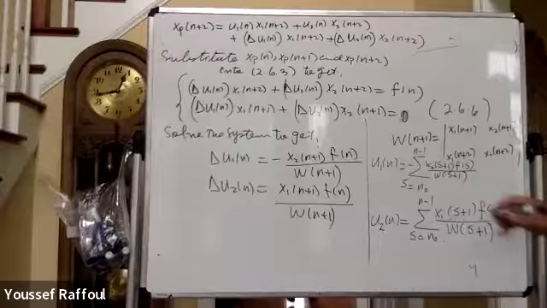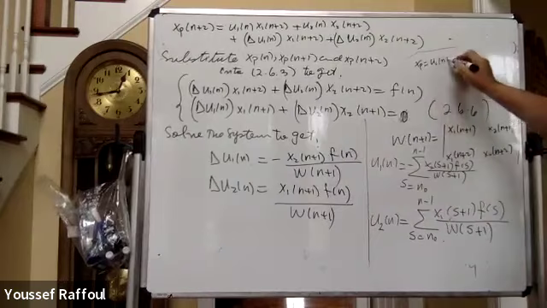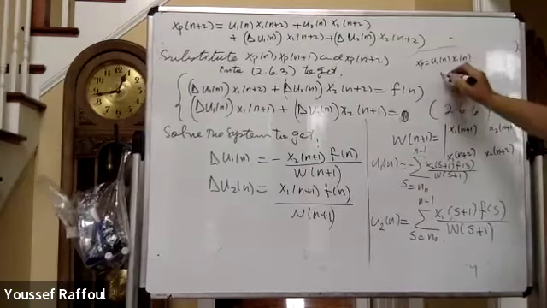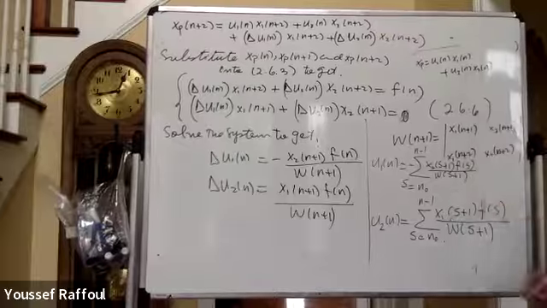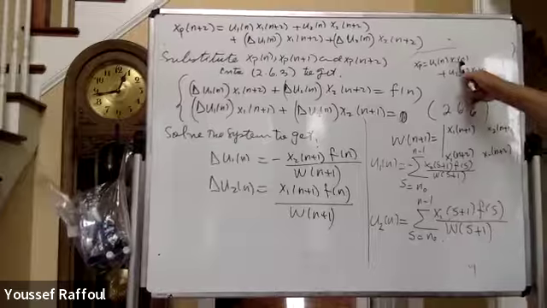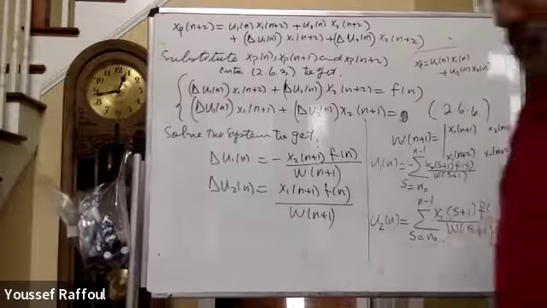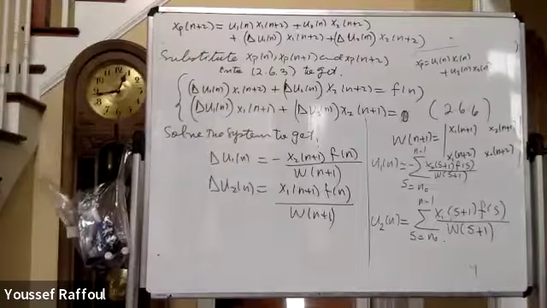And now remember xp is u1 of n x1 of n plus u2 of n x2 of n. Now you know u1 from here, u2 from here, and you already know x1, x2 as the solution of the homogeneous equation, and you have the full solution. Okay?